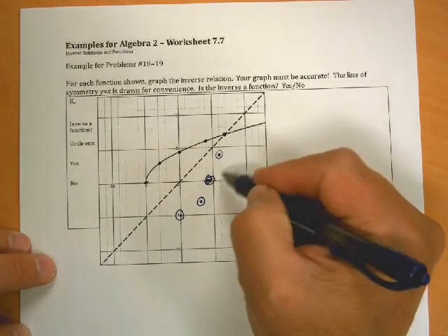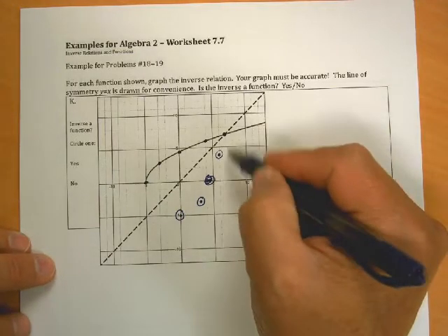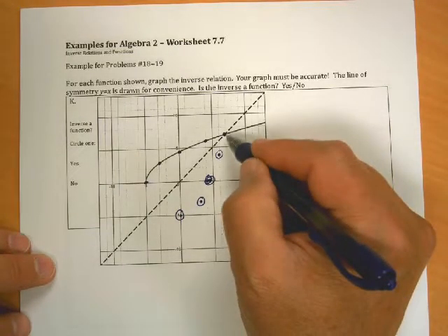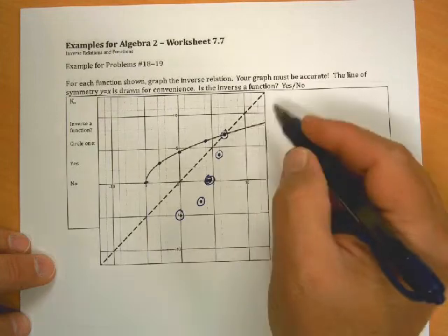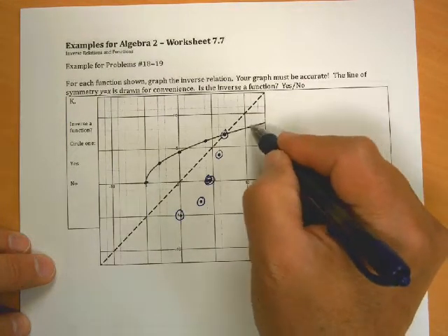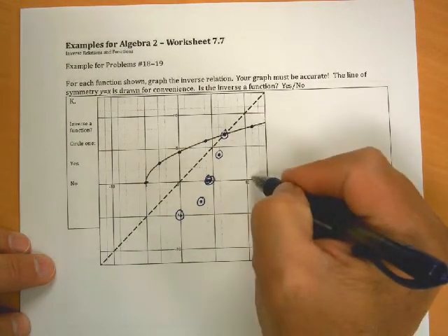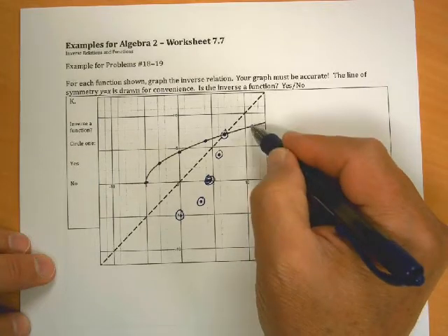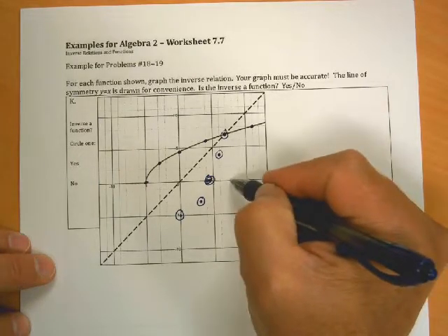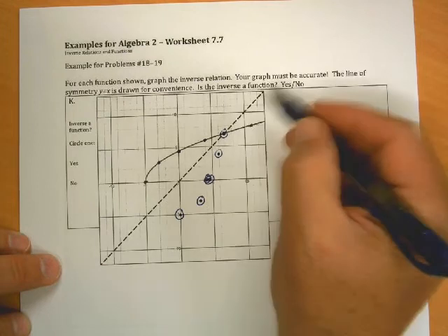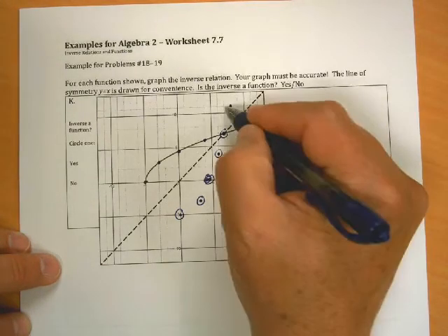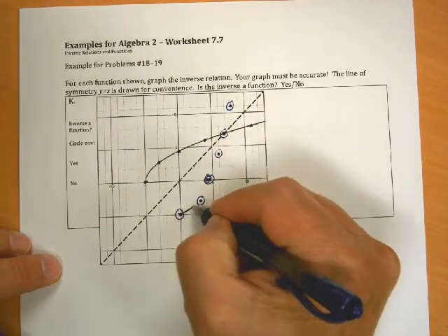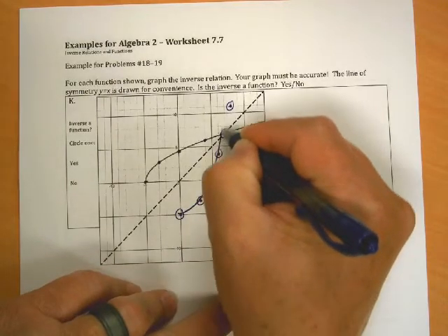And that one's at, looks like 7, 7. So when you switch those, it's on both graphs. And I'll do one more here. I'll do one out here, which looks like it's at 11, 8. So I want to go 8, and then 11. And so there's my last halo point, and I just draw my graph like that.